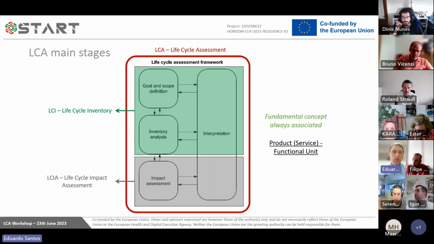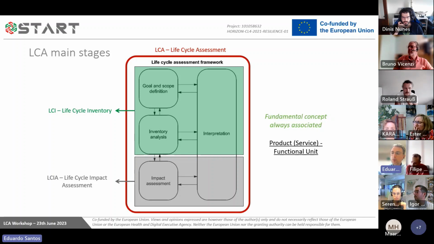So what is the product system that we want to model? How big, how small? What processes, what operations do we need to include? And what are those that we don't need to include and they should be kept out so that we don't lose energy and time accounting for those.